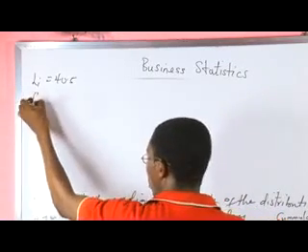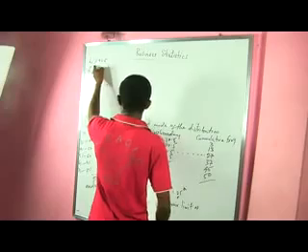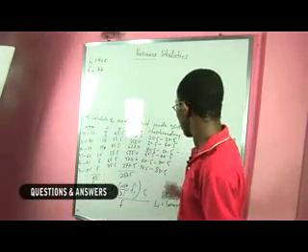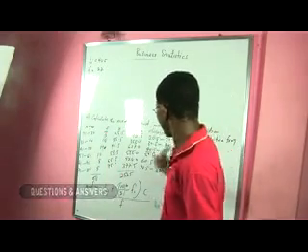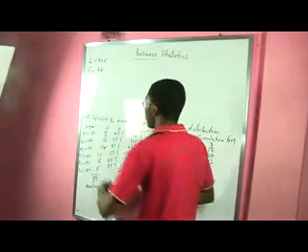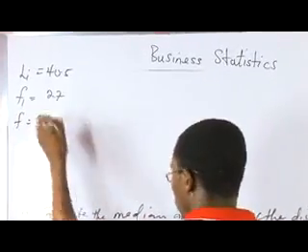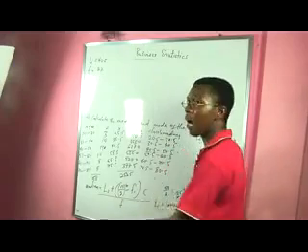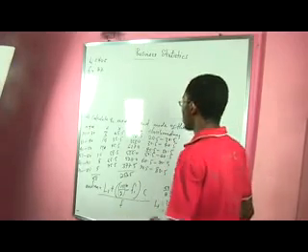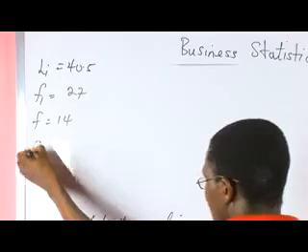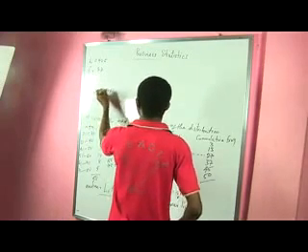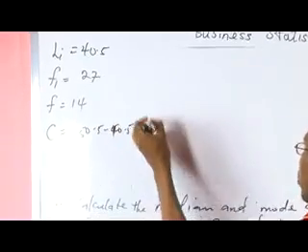Our F1 is 27, which is the corresponding cumulative value. Then we have the frequency of that particular position, which is what? Is 14. So our F is 14. Therefore, our last one, C, is the difference between the upper and the lower class, which we call class width. So class width is what? Is 50.5 minus 40.5, which we are expected to get what? We're expected to get 10.